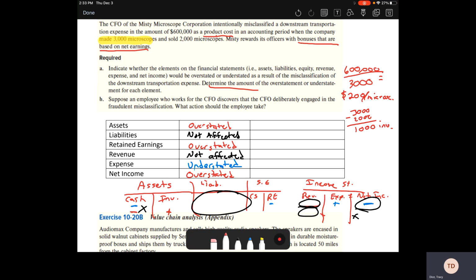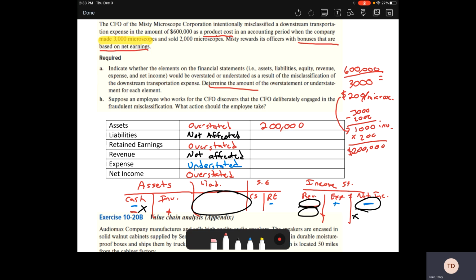Well, if we have 1,000 microscopes and we had $200 worth of that transportation cost per microscope, we find that we get $200,000 of transportation costs left in our inventory account, which means that our assets are overstated by $200,000.